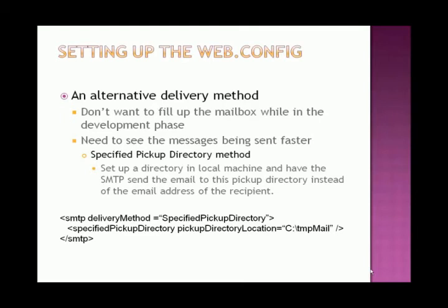Notice that you need to create this folder before you assign it to the pickup directory location here. It does not get created automatically. So first you create this directory and then assign it to the pickup directory location in web config, and then you can use your web config and use your programs to send email messages.